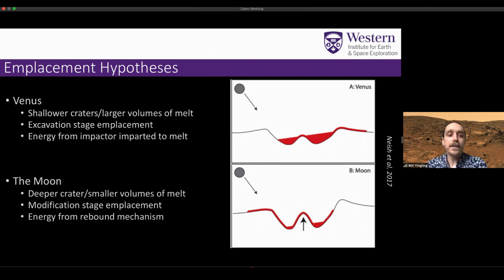What likely happens is that there's not enough energy from the impactor to push the melts up and over the rim, but rather the rebound mechanism that takes place during the modification stage likely adds to the momentum and is able to push the melts at the lowest potential energy barrier of what we call the rim crest low. So just basically the lowest point along the crater rim is where melt is preferentially going to cross over the rim.